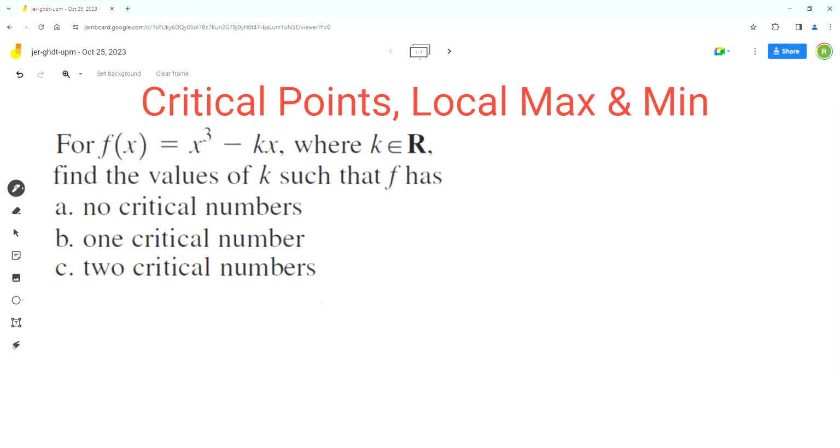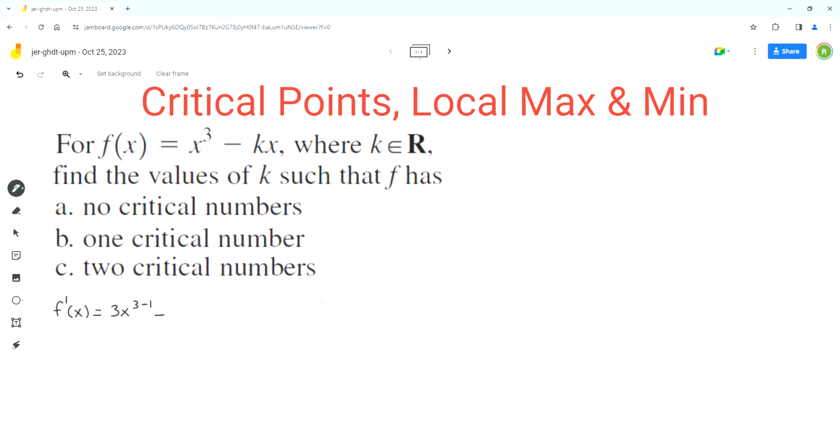So f prime of x equals, now the first term is x cubed. The derivative of x cubed can be found using the power rule. So we move the exponent to the front and then we subtract 1 from 3.